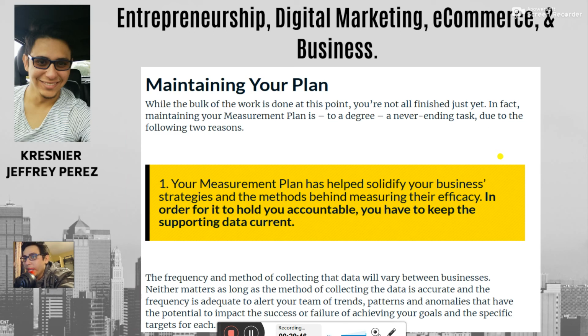So maintaining your plan. While the bulk of the work is done at this point, you're not fully finished just yet. In fact, maintaining your measurement plan is to a degree a never-ending task for the following two reasons. Number one, your measurement plan has helped solidify your business strategies and the methods behind measuring their efficacy.